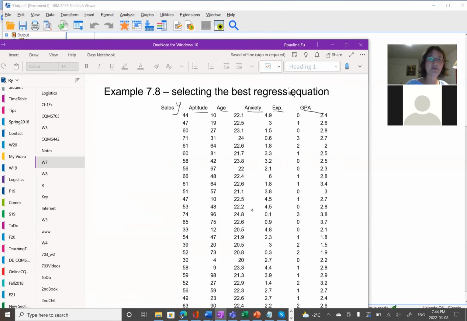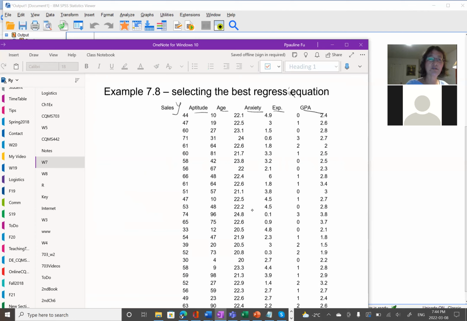So how do we do it? So go to SPSS. Maybe I already have, I'll try to see if I have data in SPSS. Okay. I'll try to open. You can just copy and paste the data into SPSS if you want.